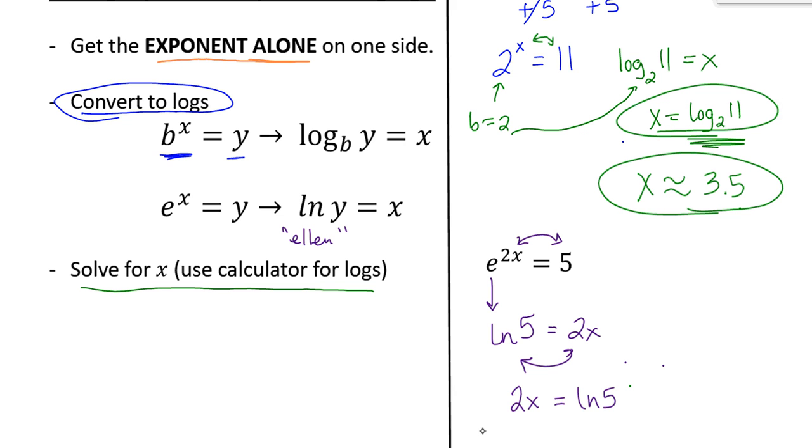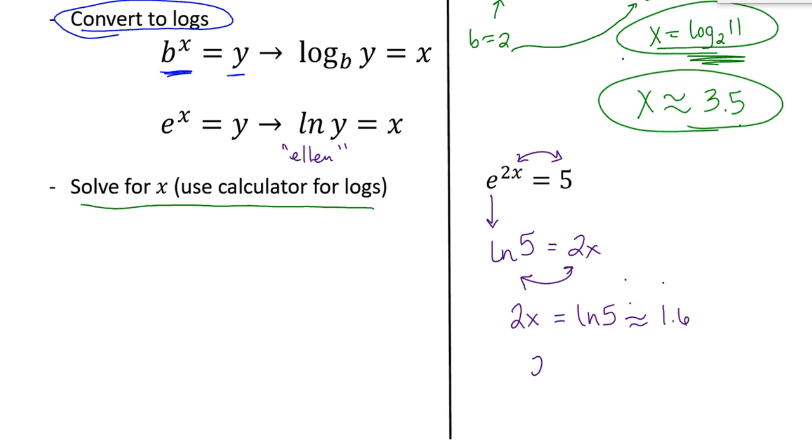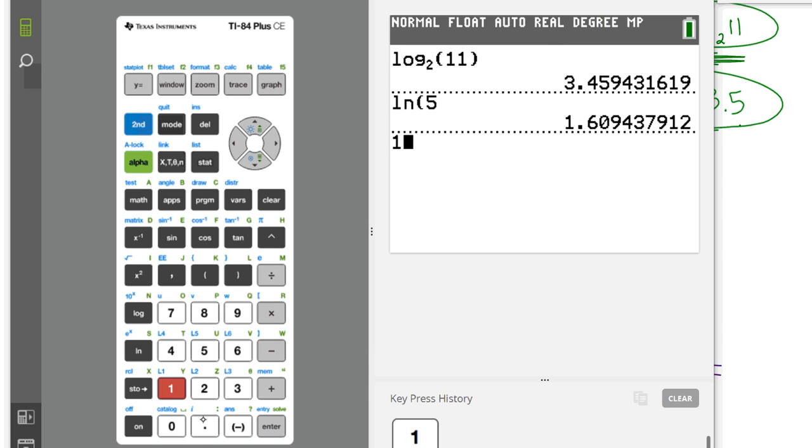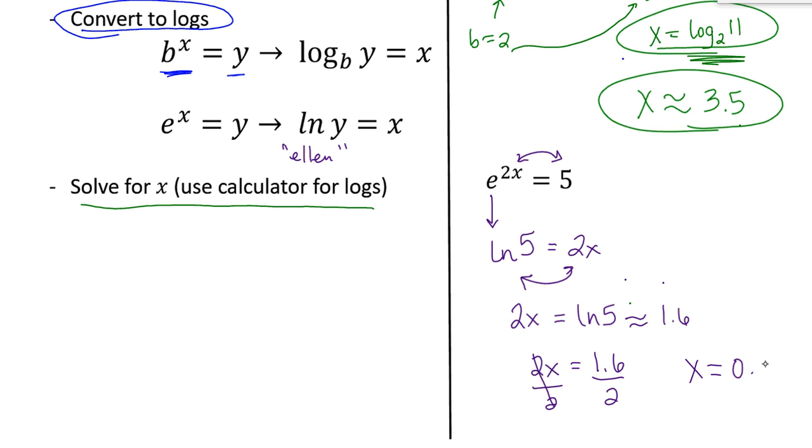So now we've got 2x equals about 1.6. To finish solving, you've got to divide by that 2, and you get x equals 1.6 divided by 2. So if we do 1.6 divided by 2, 0.8. Oops, 8, not 6.